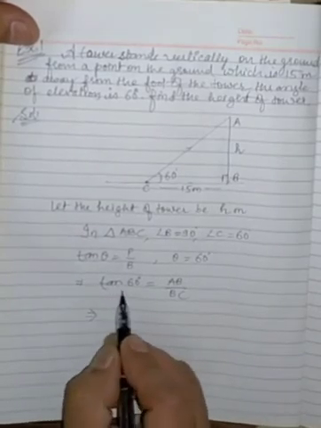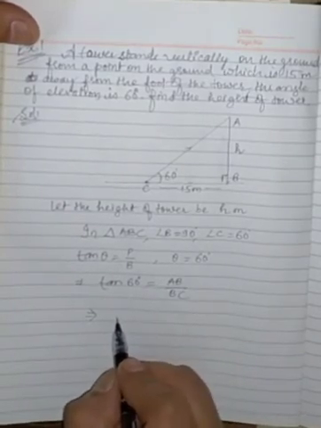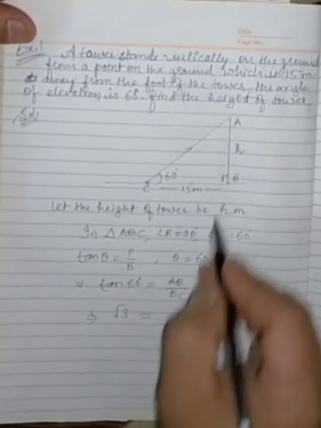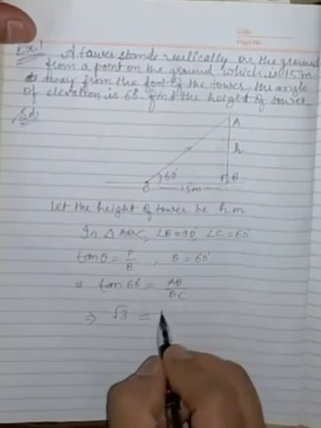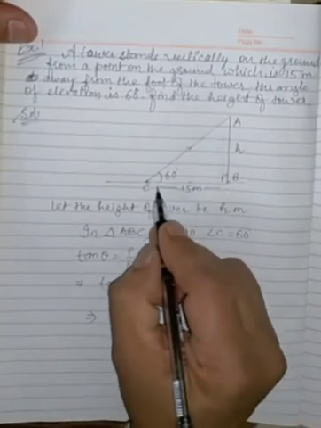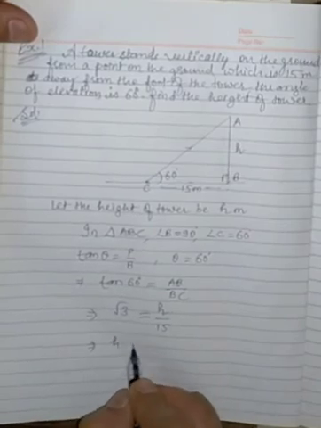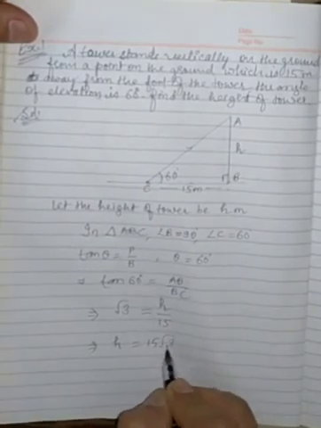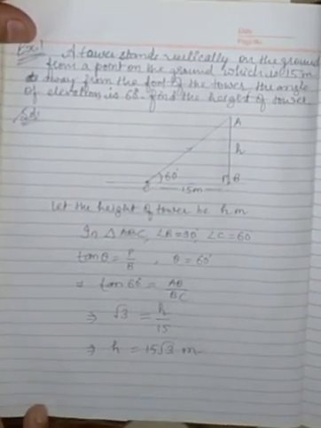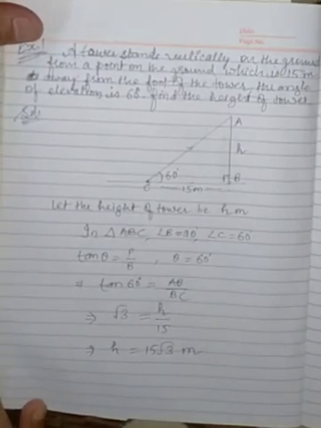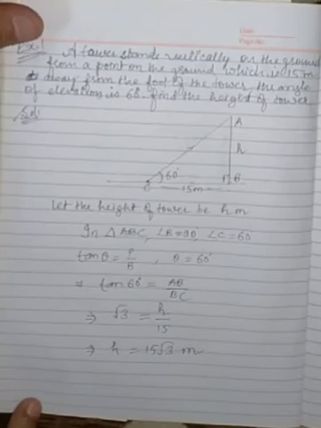So tan 60 degree, which is equal to root 3, is equal to AB, which we have considered as H, upon BC, which is 15. Therefore, H will be equal to 15 root 3 meter. That means the height of the tower is 15 root 3 meter.